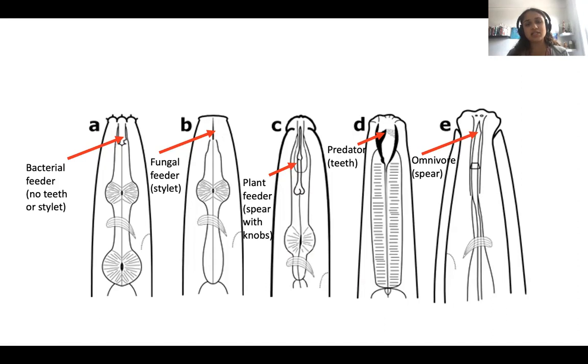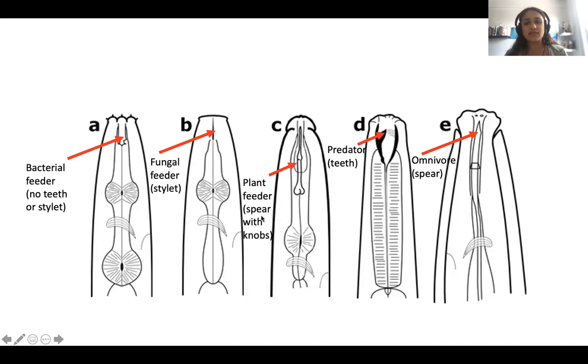Essentially when I talk about a spear, this is basically a feeding appendage that goes pretty long throughout the oesophagus, and it protrudes to then essentially stab its prey.